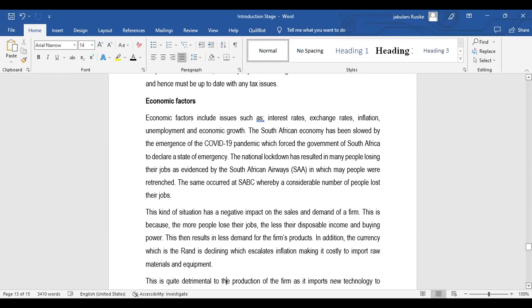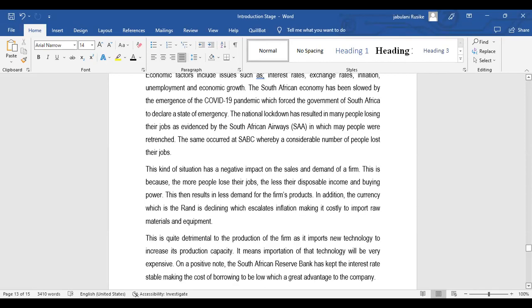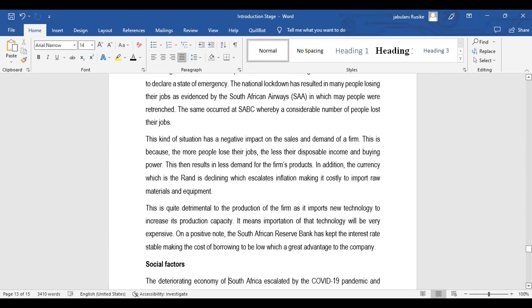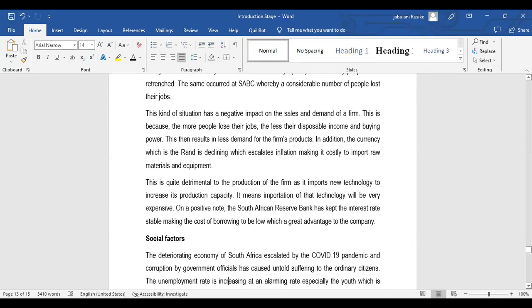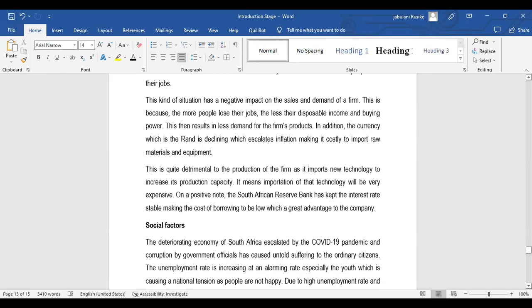So the economic growth is shrinking, which causes unemployment. So this is basically how the economic environment affects or impacts the operations of an organization, right?